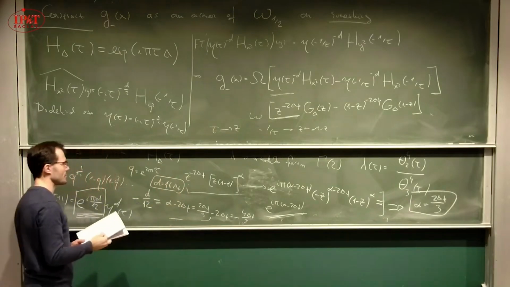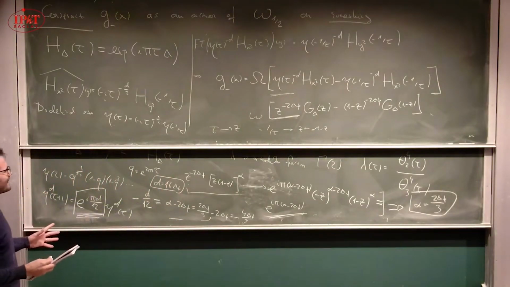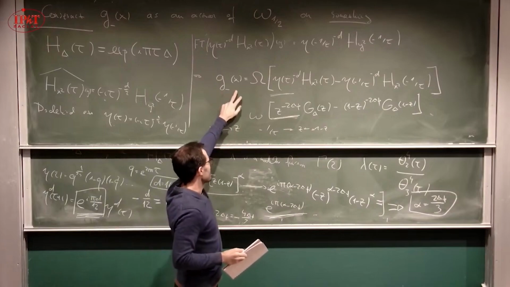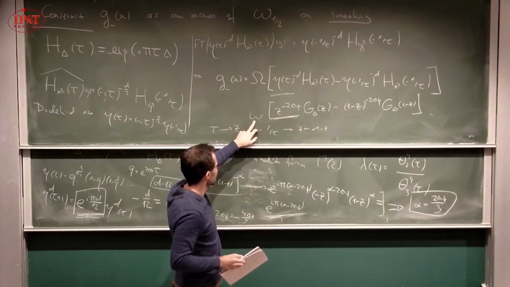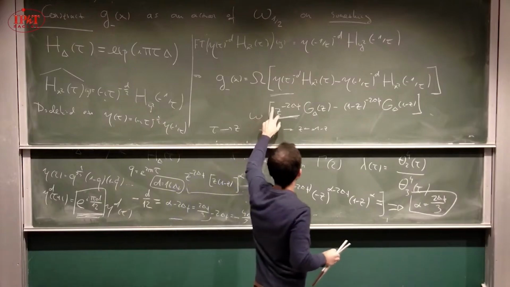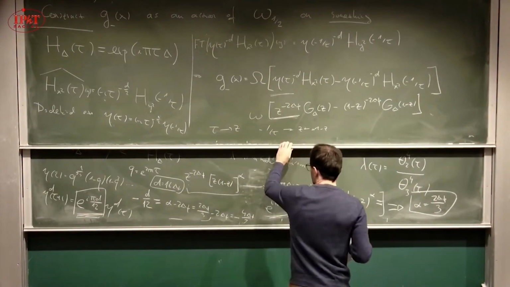Okay, so just to summarize, how do you constrain g minus x? You take omega, multiply. Maybe I can write.